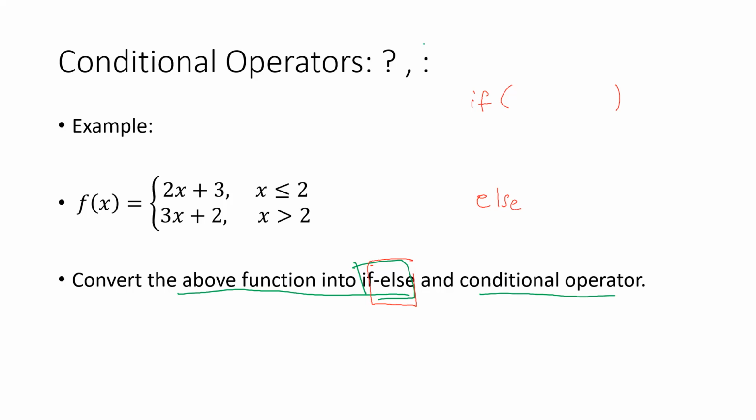No, you don't have to specify the value of x. Okay, so we got one answer from AJ: if x is less than or equal to 2, then my answer is this. Otherwise, 3x plus 2.